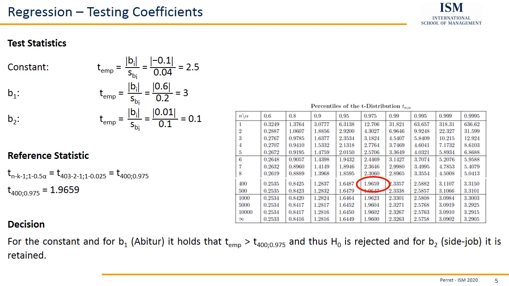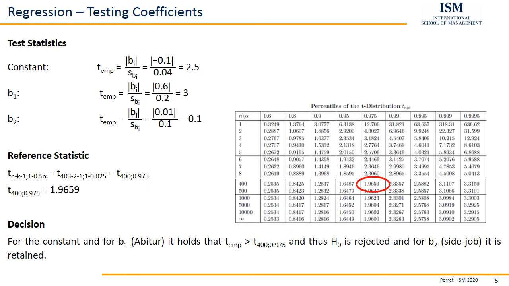So we see, if we combine this, in the first case, for the constant, the test value is larger. For the second case, for the B1, Abitur, the test statistic is also larger than the reference statistic. But for the B2, the side jobs, the test statistic is smaller.